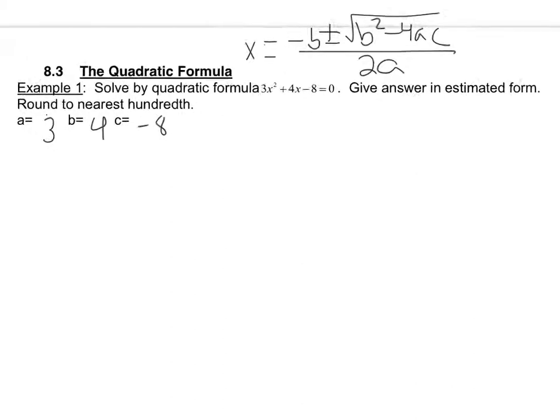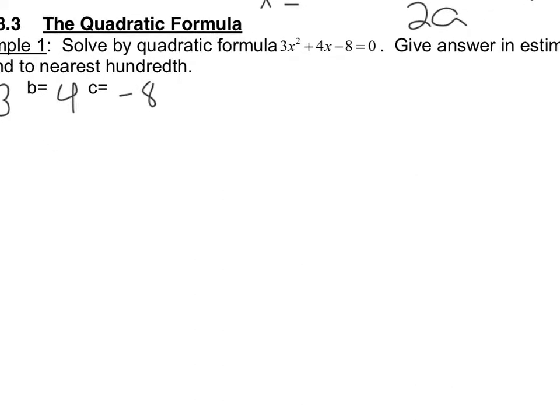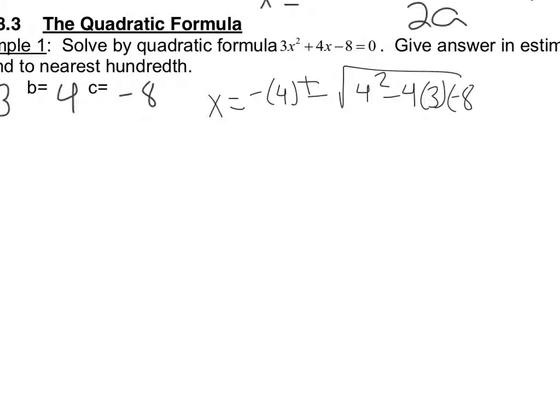Step 2, plug it in. So x equals negative b plus or minus the square root of b squared minus 4 times a times c all over 2 times a.